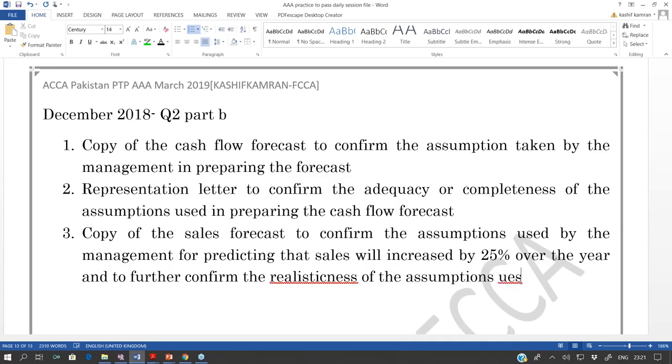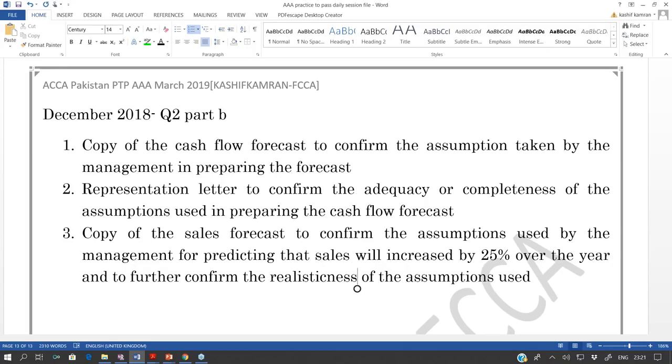So what assumptions have the management used for increasing the sales, and was that the right assumption? Is the sales forecast important here? Is the sales forecast generating the cash inflows for you? Is there a link of a sales forecast with cash flows?